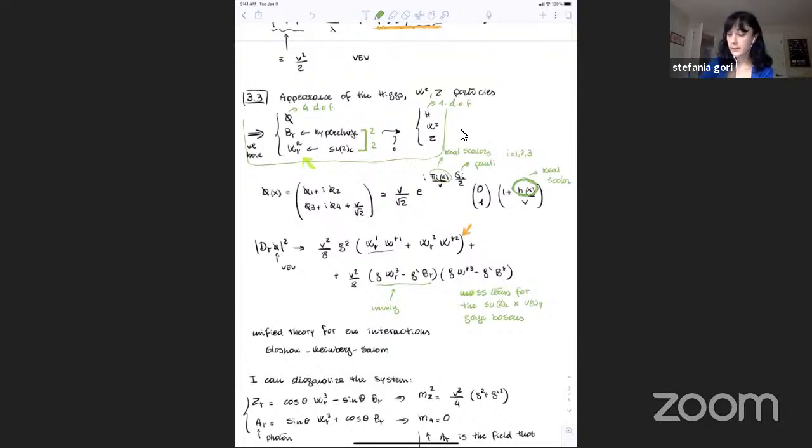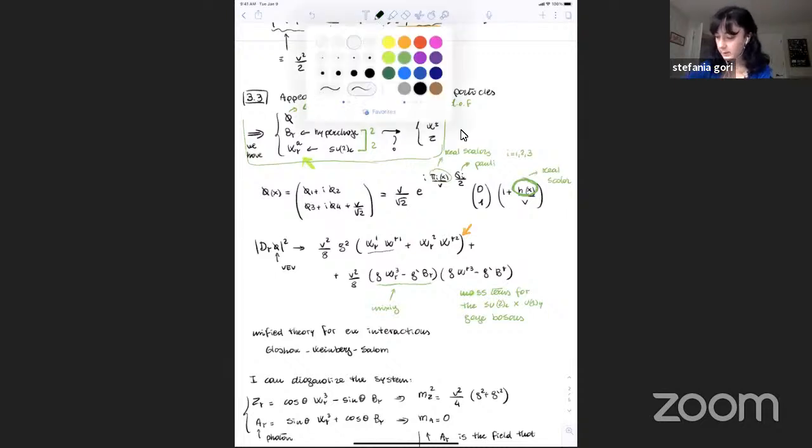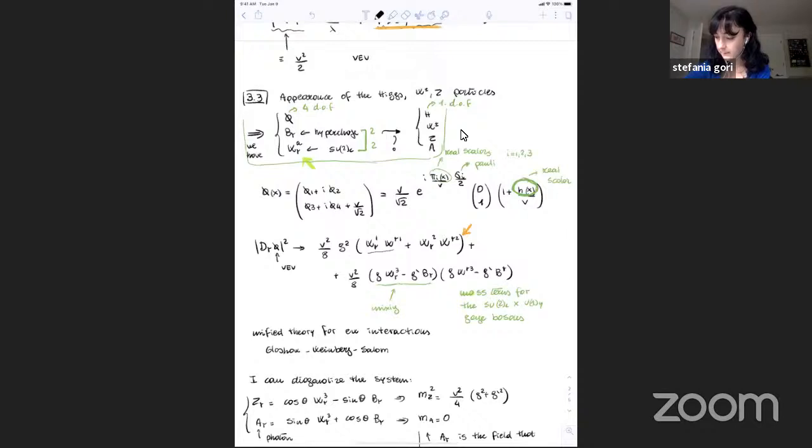That we introduced when we were writing down this scalar field. And then we had, well, I should obviously add the photon. We had these 3 fields here that were acquiring plus 1 degree of freedom because they are getting a mass, and therefore they are getting 1 additional polarization.